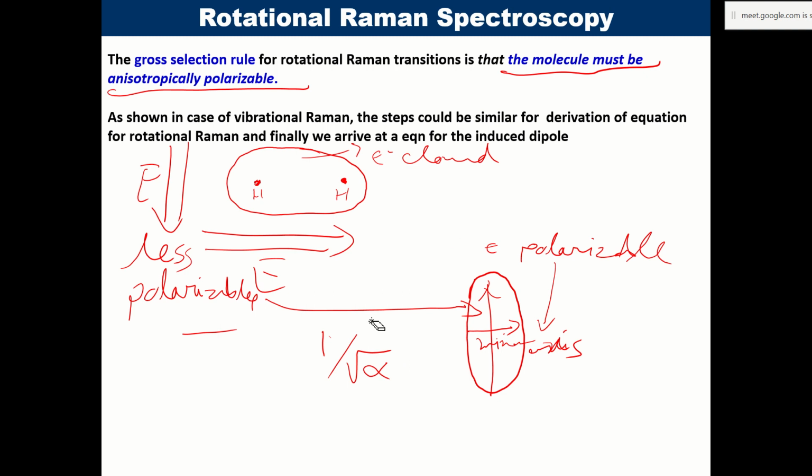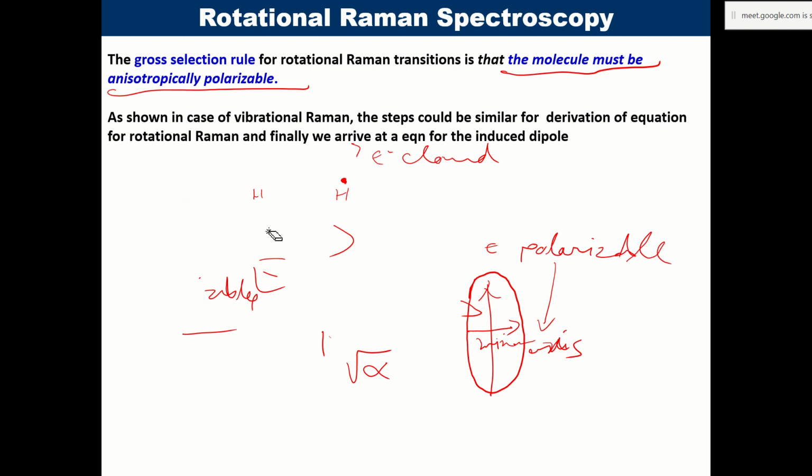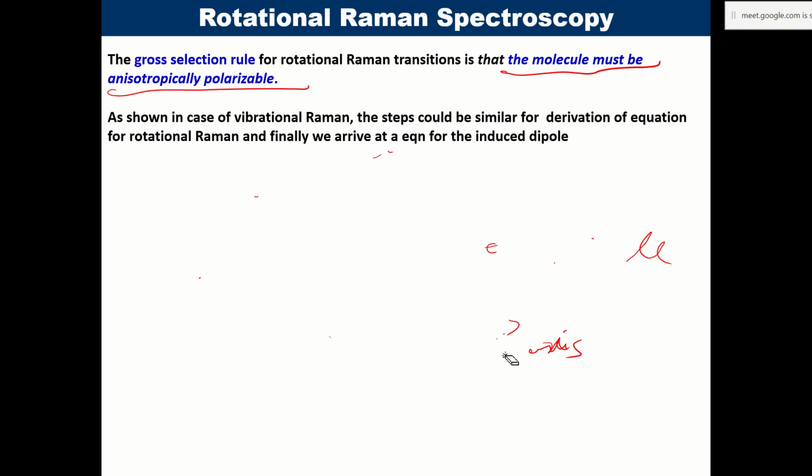So the simplest molecule, the hydrogen molecule, we have learned has anisotropic polarizability. Anisotropic polarizability is an essential condition for a molecule to show rotational Raman.